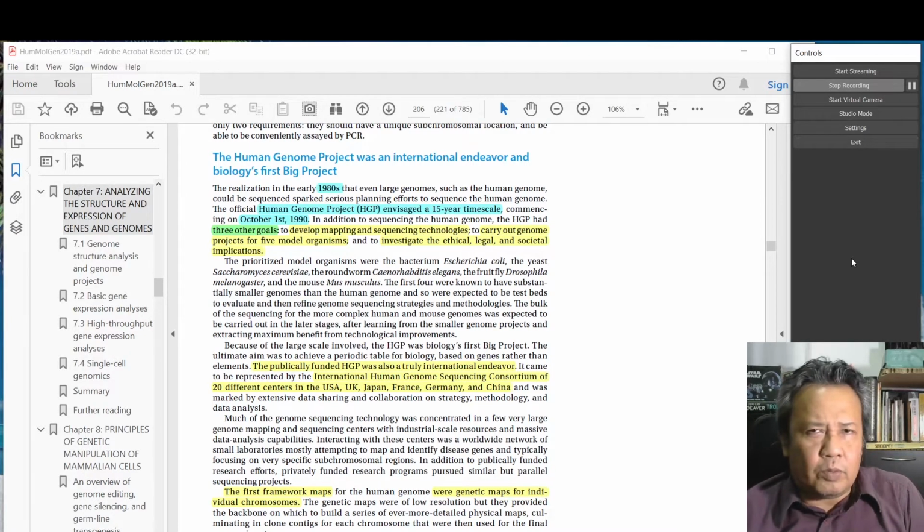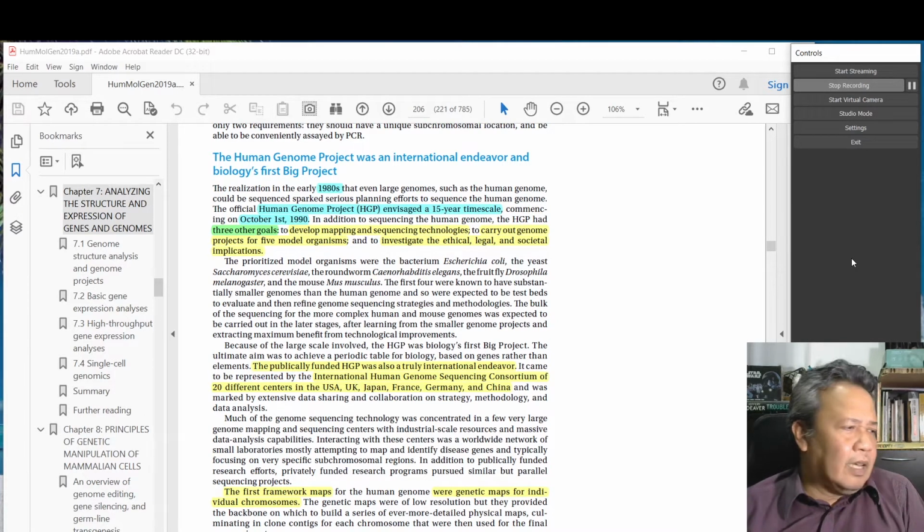But to briefly summarize it, it says the Human Genome Project, when it was established very early in the 1990s, has three different goals. One is to develop mapping and sequencing technologies.